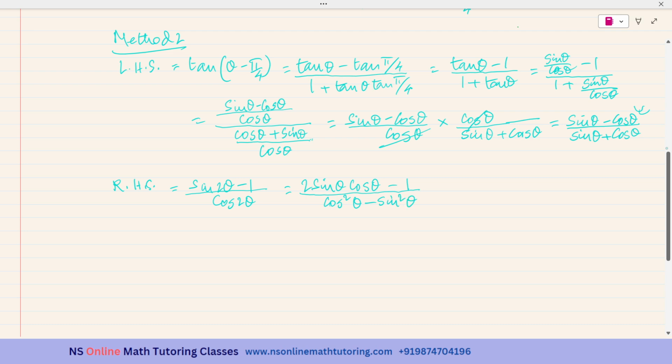Okay, and fine, I can write this one as 2 sin theta cos theta minus cos square theta plus sin square theta, because sin square theta plus cos square theta is equal to 1. So I can write the numerator in this format. Okay. So cos square theta minus sin square theta.